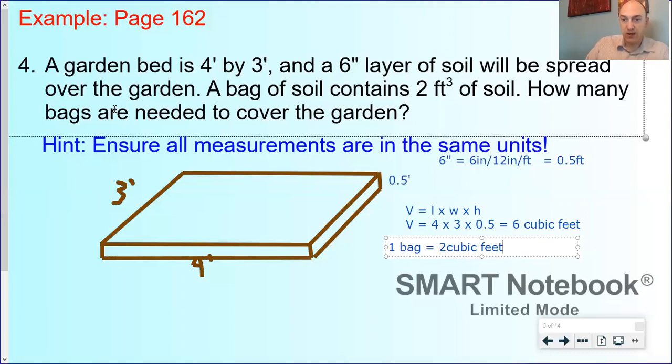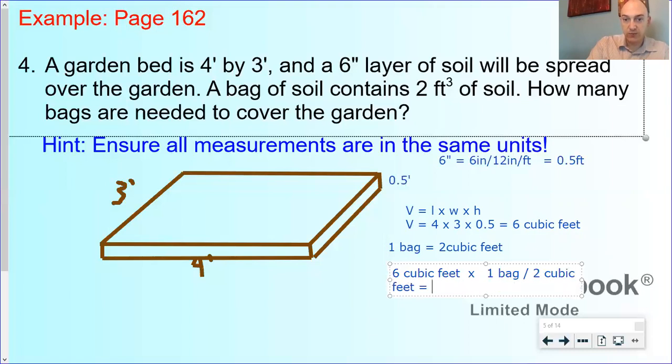And I want to know how many bags, not how many cubic feet. So I'm going to take my 6 cubic feet and multiply that by my conversion factor of 1 bag divided by 2 cubic feet. And that's going to give me a result the same as dividing by 2 cubic feet per bag. So 3 bags.